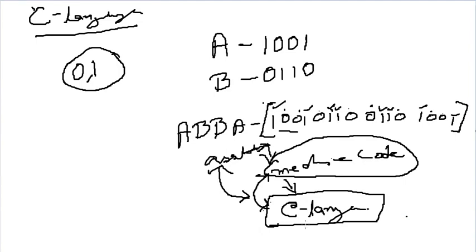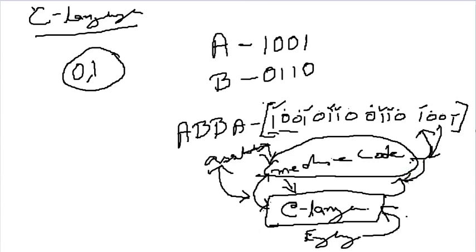If we type something in normal English, it is interpreted by C language into machine language, and machine code is again converted to binary, because the microprocessor is a circuit and won't understand anything other than binary. Then the machine also gives output in binary, which is reconverted to machine code, then to C language, and through C language we get the interpretation in English.